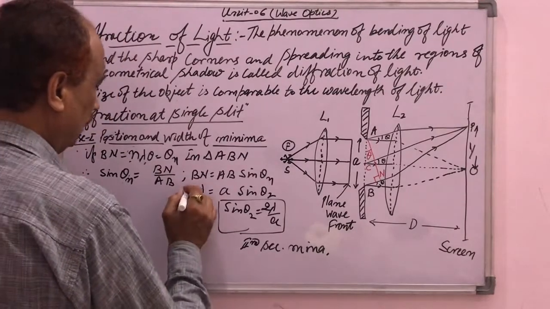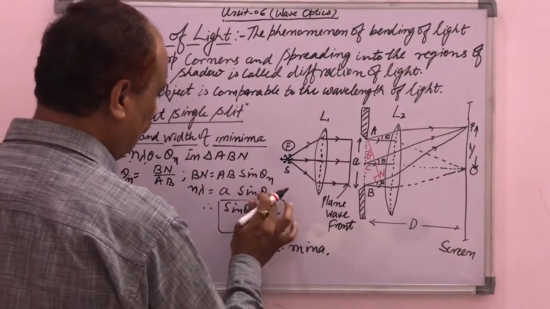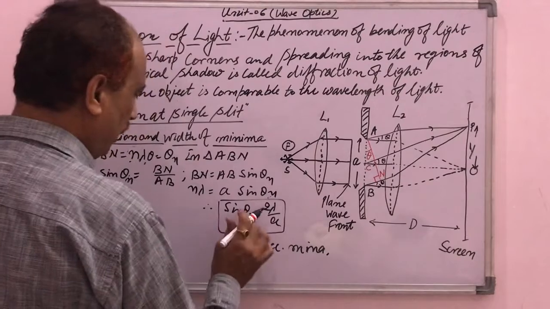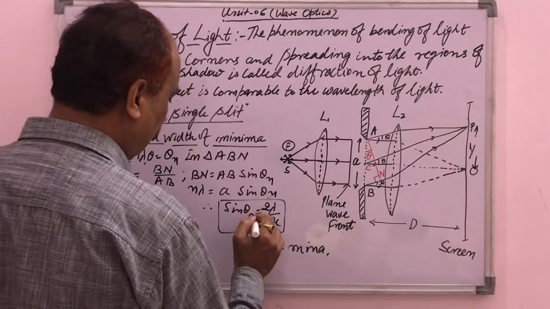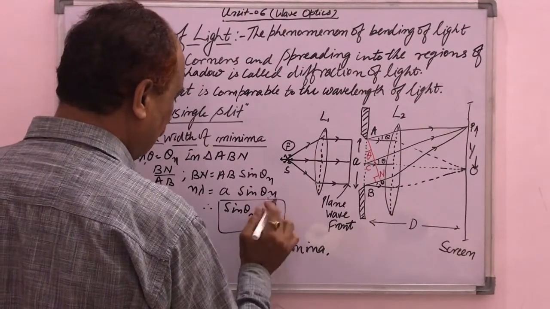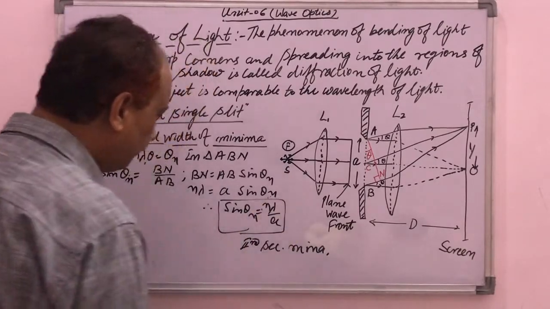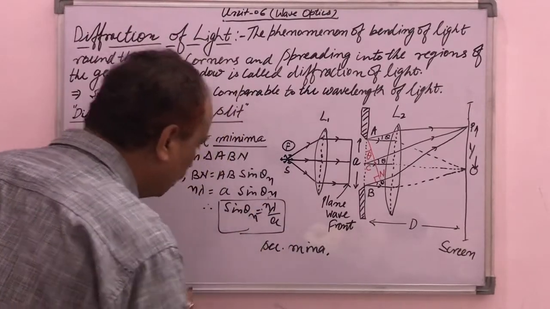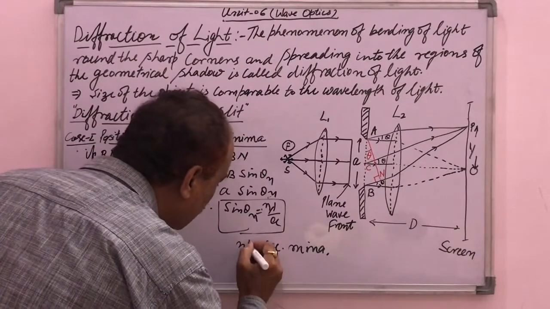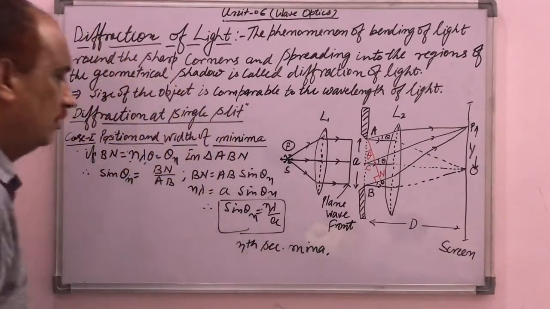Therefore n lambda will be equal to A sine theta n, and we can find out the value of sine theta n equal to n lambda upon A, and this is the condition for the nth secondary minima.